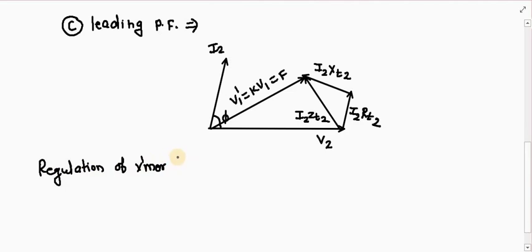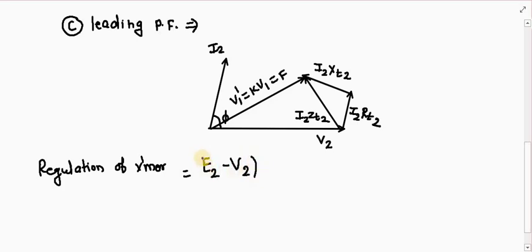Regulation of the transformer is defined as the change in the secondary terminal voltage from no load to full load with primary impressed voltage V1 and the temperature of the transformer maintained constant. So regulation of the transformer is nothing but no load voltage minus full load voltage.